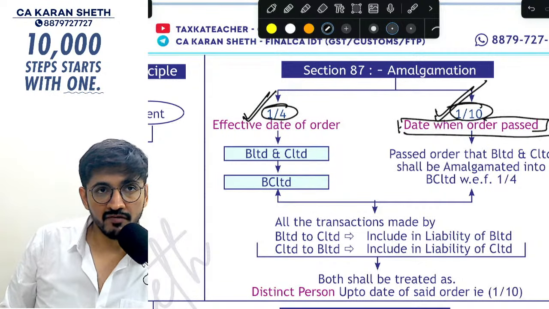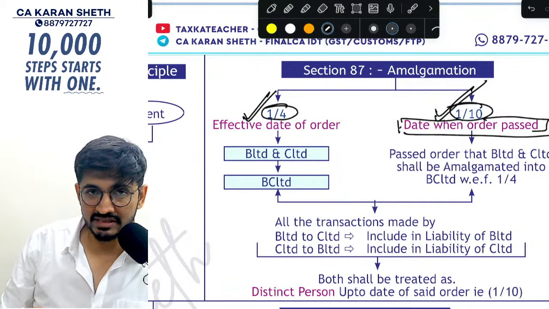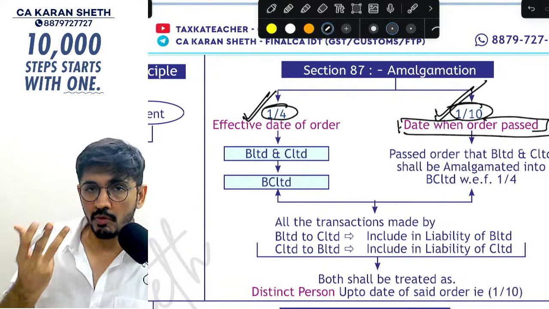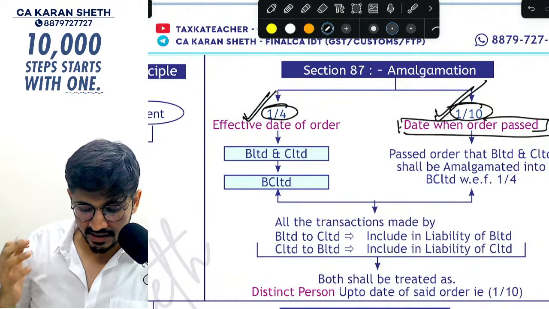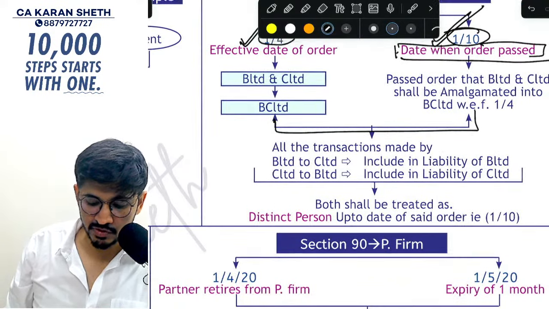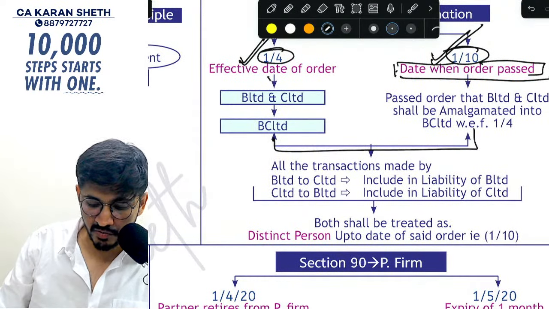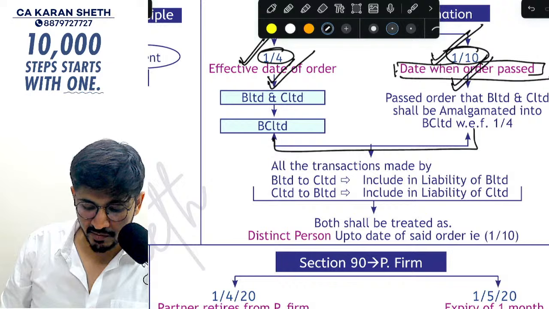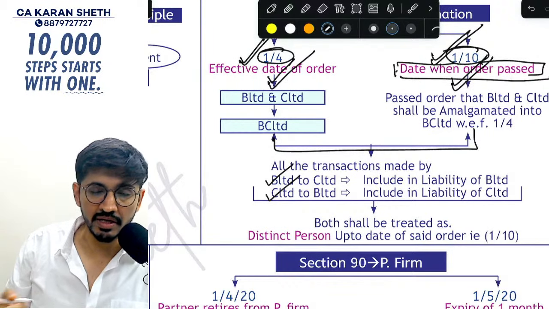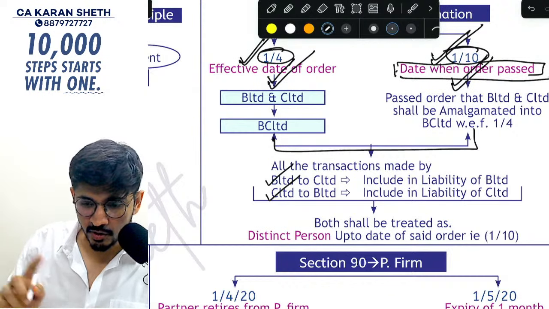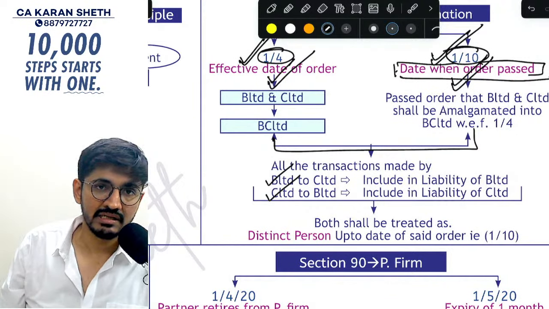Now the point of conflict is that there were a few transactions where B Limited supplied goods to C and C did to B. What about that? Government says, in that case, understand all those transactions which were done from the effective date of the order up to the date when the order is passed, between these dates, all the transactions made by B to C or C to B will be included in their respective liabilities.